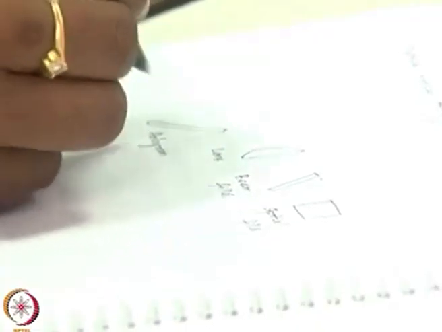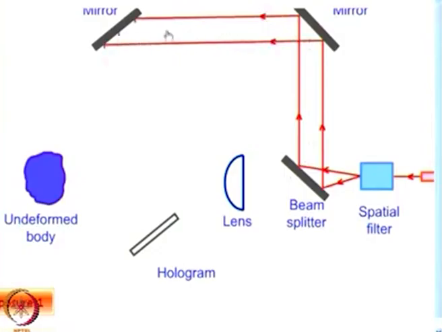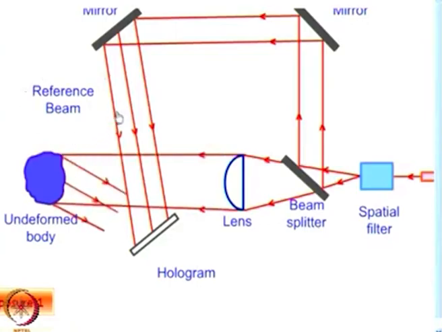And I will make exposure 1. Just look at what happens. Light comes, hits the beam splitter, goes to the mirror arrangement and comes to the hologram, and this is a reference beam. From the beam splitter another set of rays go and illuminate the body, and this also comes to the hologram, and both happen simultaneously.